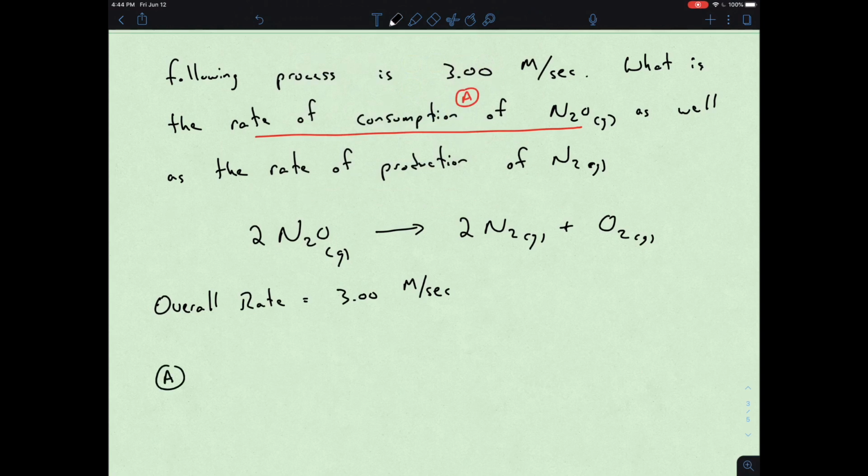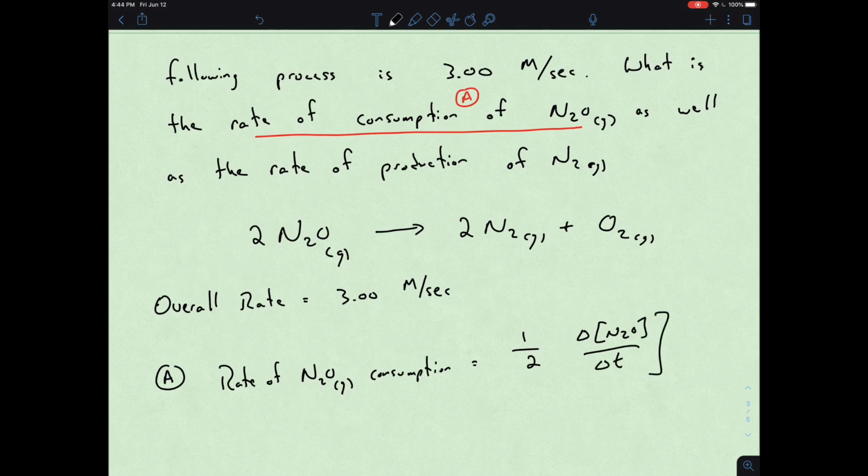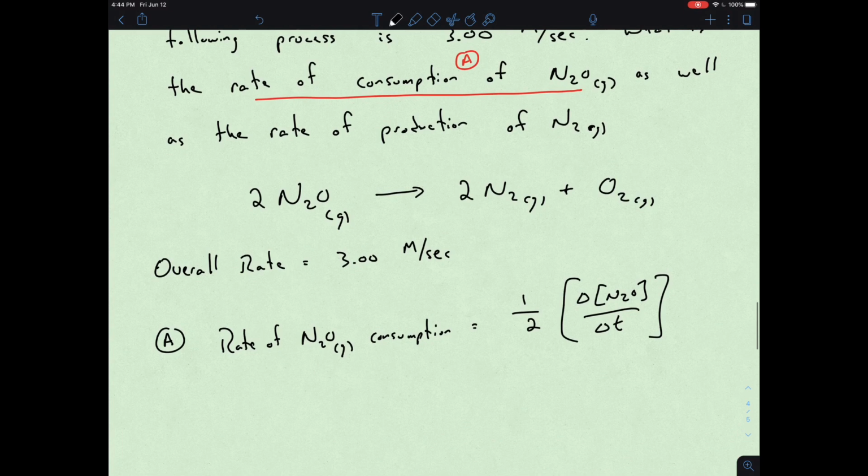So if we look at A, we would say the rate of N2O consumption would equal 1/2 times our delta N2O over our change in time.